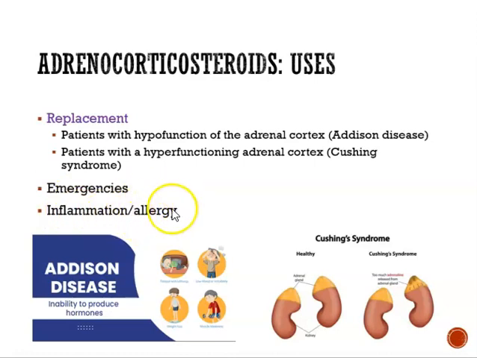It's also even used for allergies. If you're sneezing, runny, itchy nose, red itchy eyes, severe allergies, they could prescribe prednisone or any type of steroid drug. And remember, prednisone is the most common corticosteroid used orally.